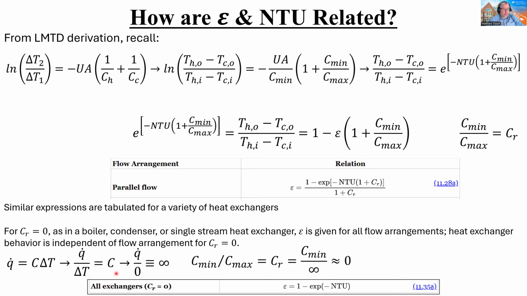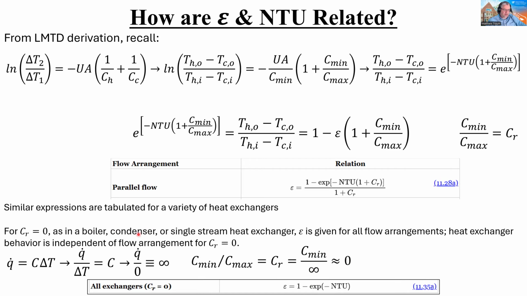And so you end up with Q over zero, and that gives you a heat capacity of infinity. That's going to be your maximum heat capacity, because it can't get bigger than infinity. And so C min over C max, which is the CR ratio, works out to be C min over infinity, which is zero.